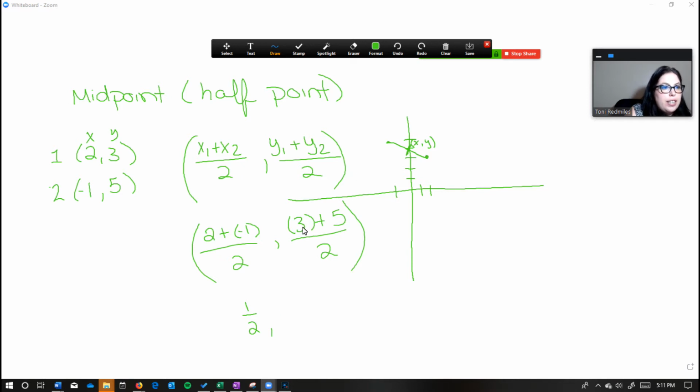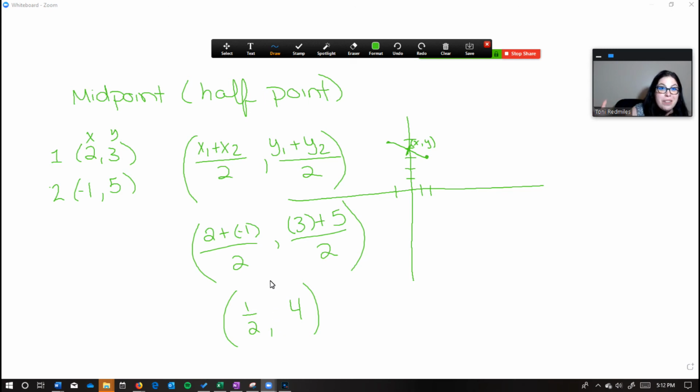And 3 plus 5 is 8, and 8 over 2 is going to give me 4. Now I want to go back and check with common sense. Remember, graphing is an art, not a science, so it might not be perfect. But if I try to find the middle of this line, it's very close to 1/2 and very close to 4. So I'm going to accept (1/2, 4) as the answer.